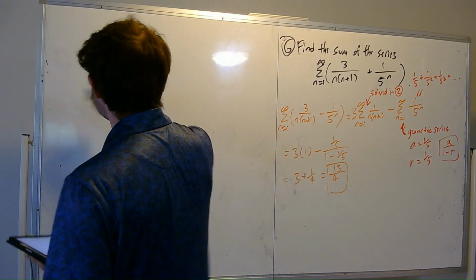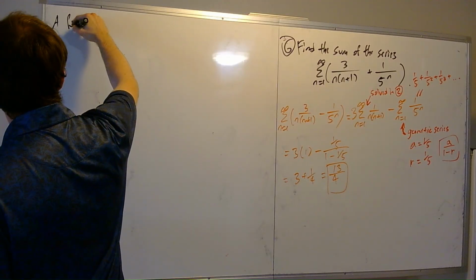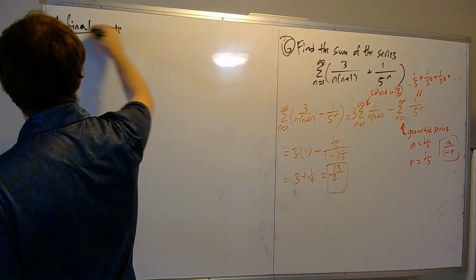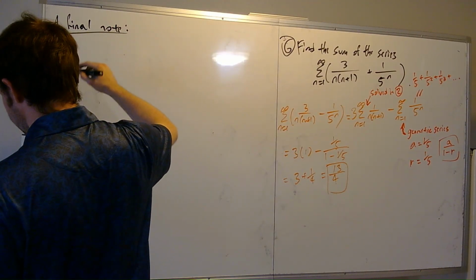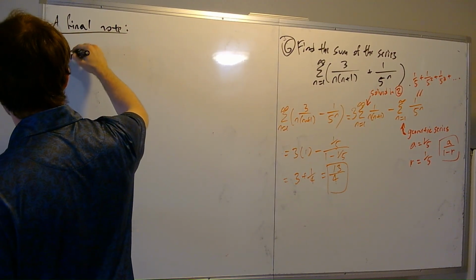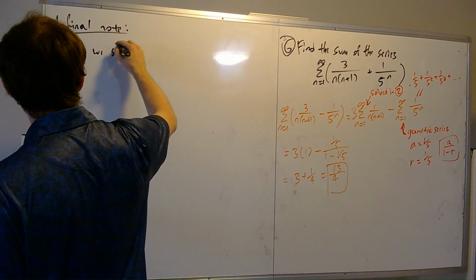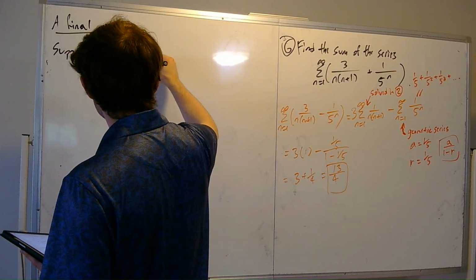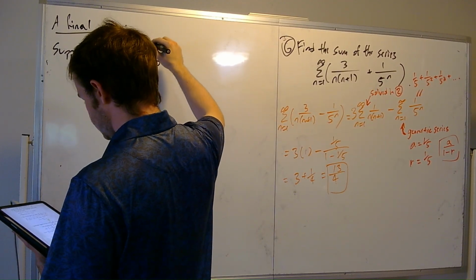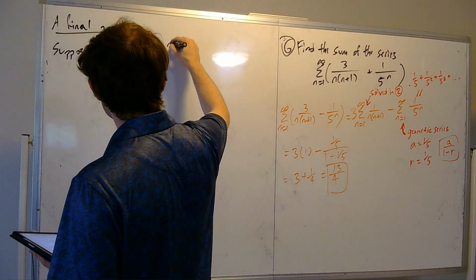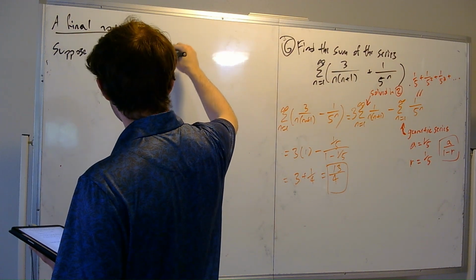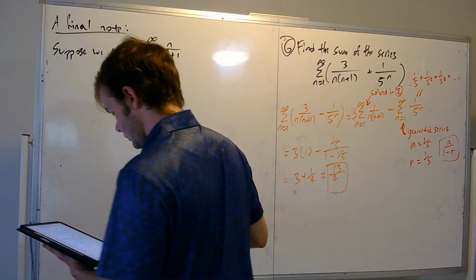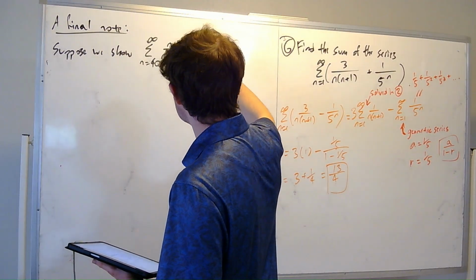Okay, so a final note. Suppose we show that the sum from n equals 40 to infinity of n over n cubed plus 1 converges.